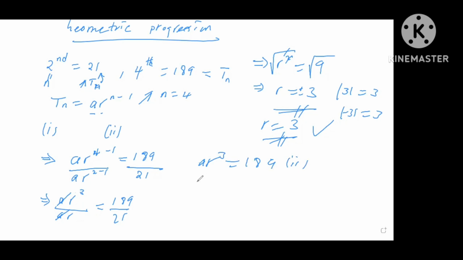Then the other one is just ar is equal to 21. Which one should we use? I think we go for equation 2, the one which is on top.